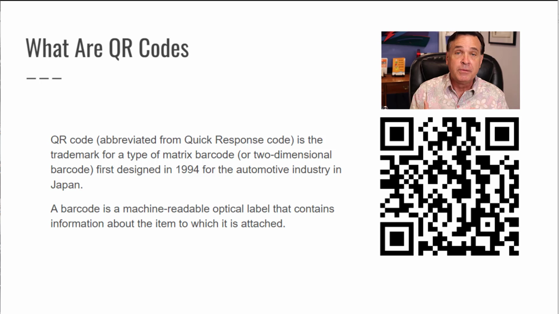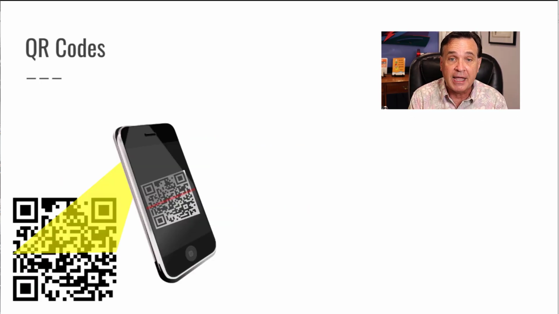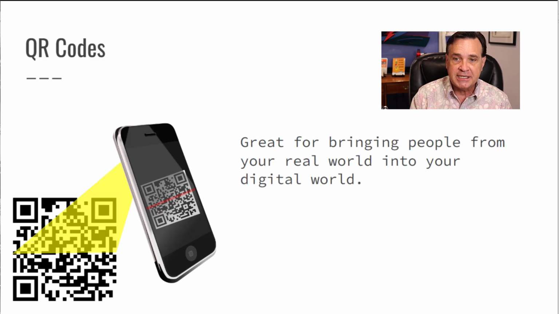In other words, you could point your phone or your tablet at it and it will read a link. It will actually click over to a link. Now, the great thing about this is it will allow you to bring people, that is your prospects, the core demographic that you serve, from the real world into your digital world, into your sales funnels online, in other words.